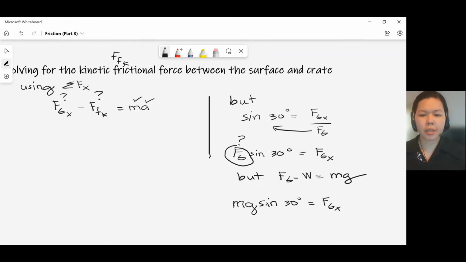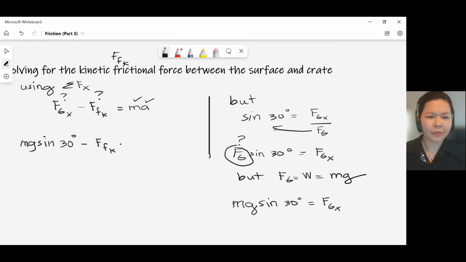So Fgx is mg sine 30 degrees, minus Fk equals ma.